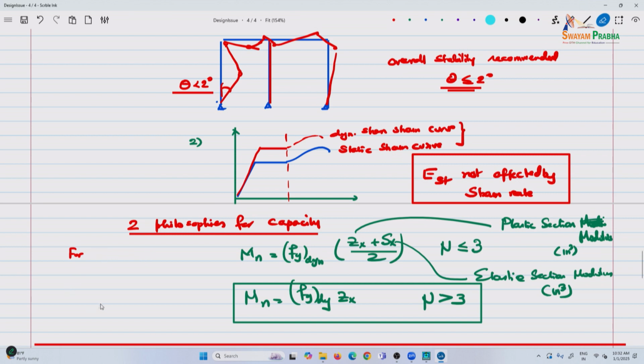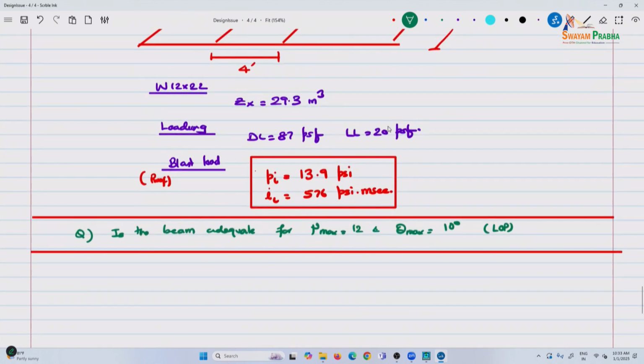For mu less than 3, this is low level of protection and very low level of protection. So in our case, this is medium level of protection.